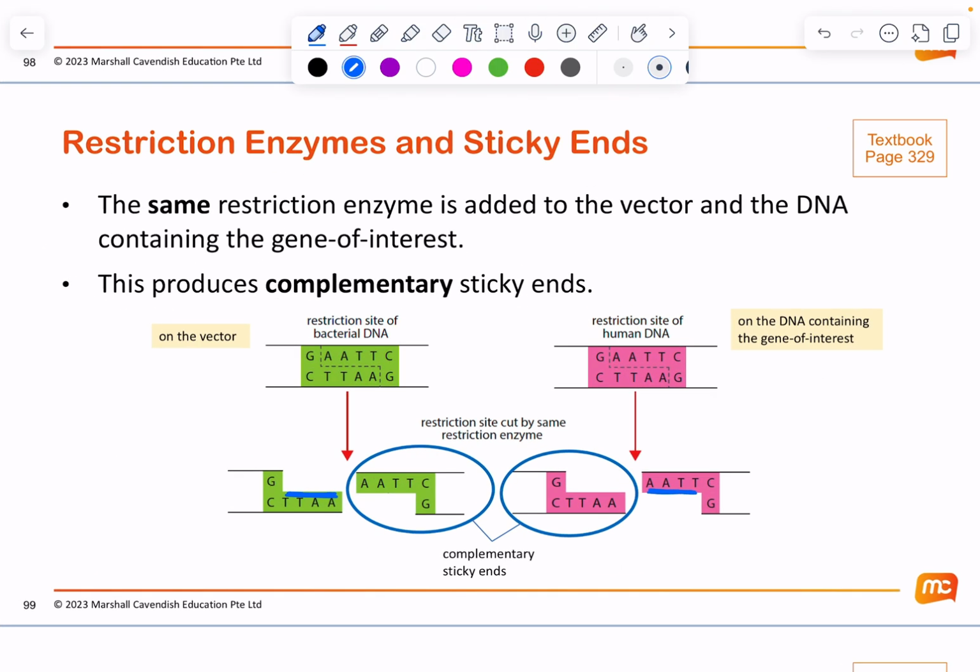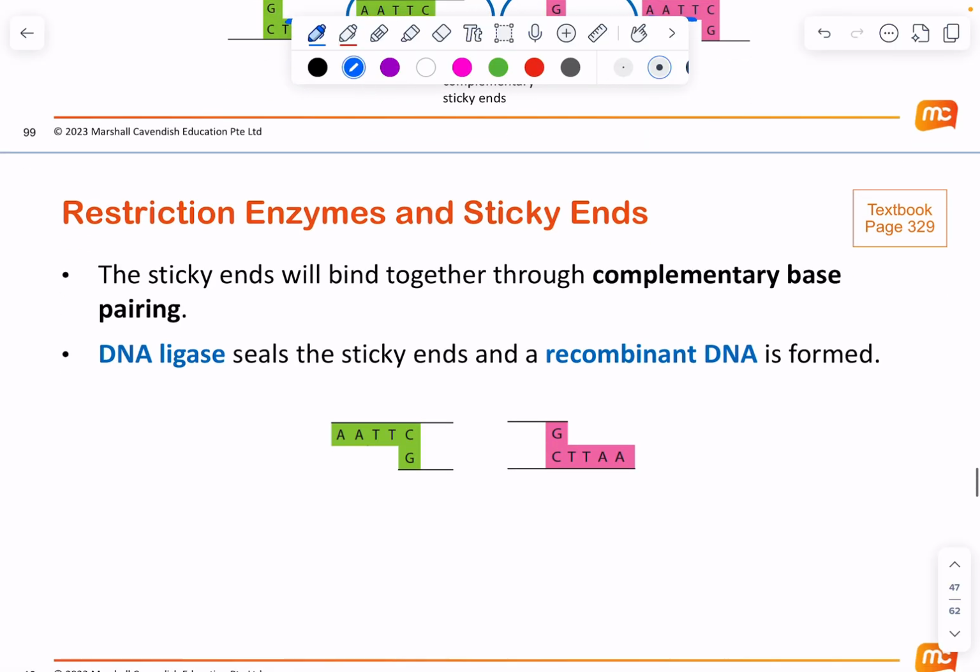So this sticky end will stick to each other and bind through complementary base pairing. On top of that, we use DNA ligase, which is like a glue, another protein, an enzyme, to help stick the sticky ends together to form the recombinant DNA. The word recombinant comes from the word recombine, of the DNA.